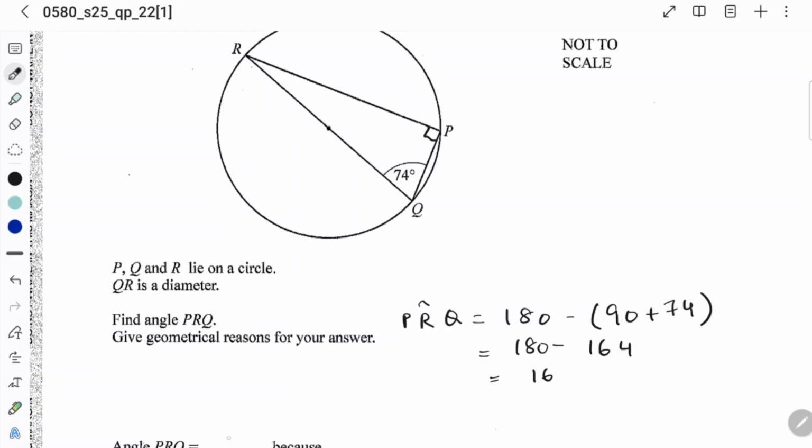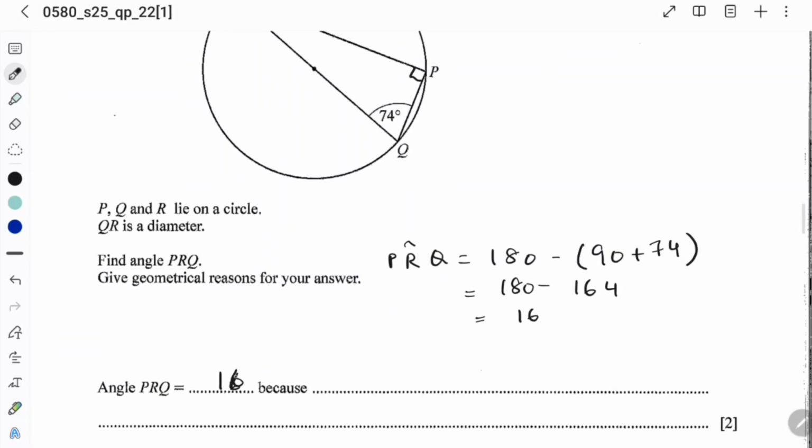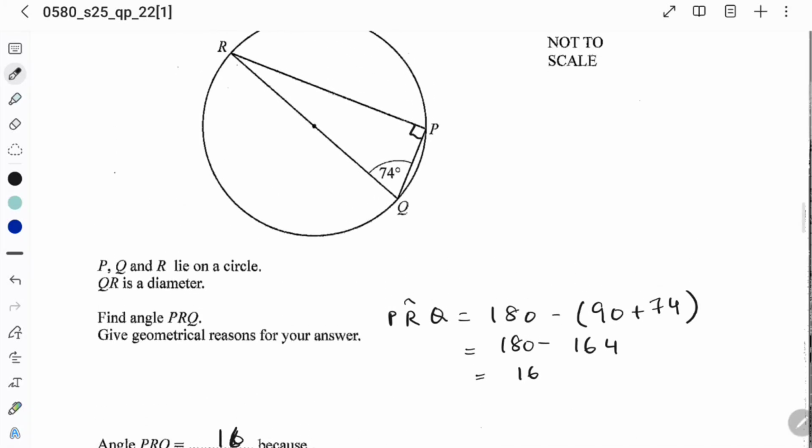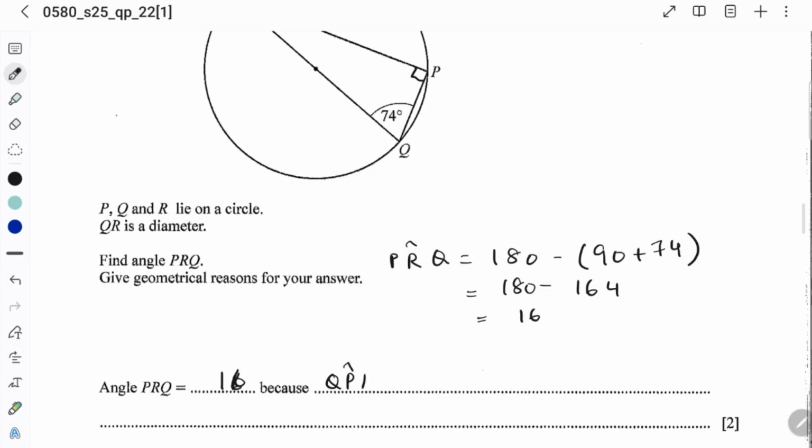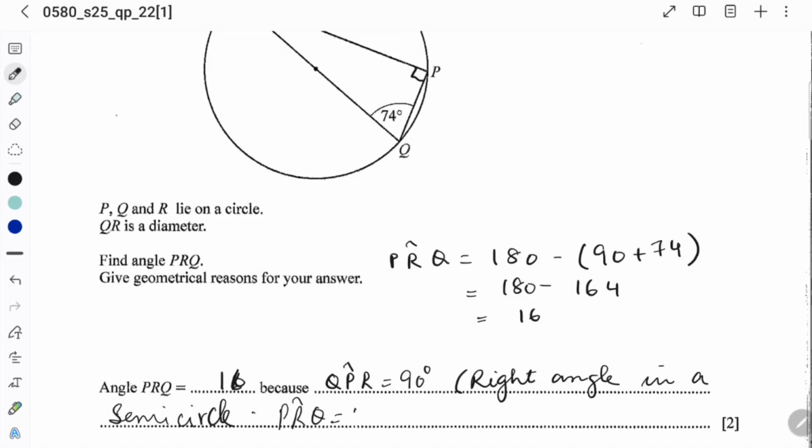So just write down PRQ is equal to 16, because we have to give 2 reasons. Because QPR is equal to 90 degrees, that is right angle in a semicircle, and PRQ is equal to 180 minus 90 plus 74.